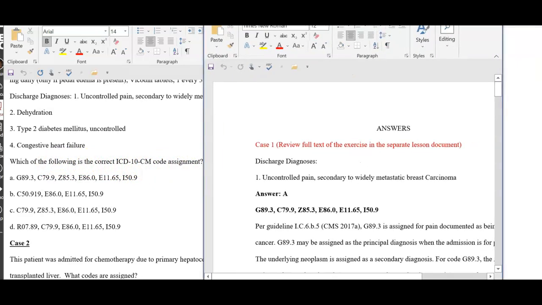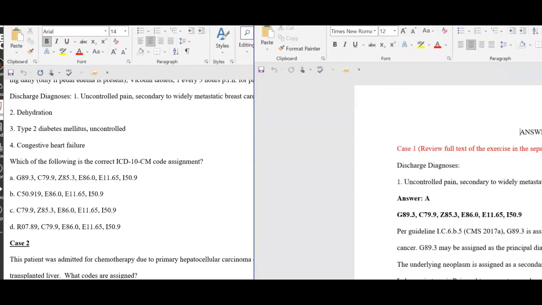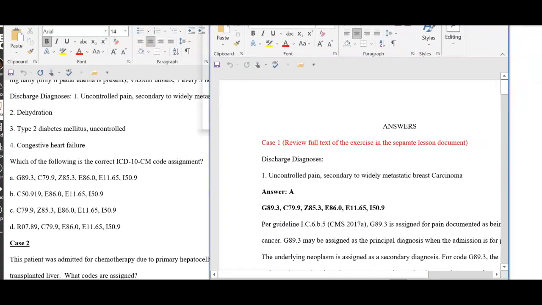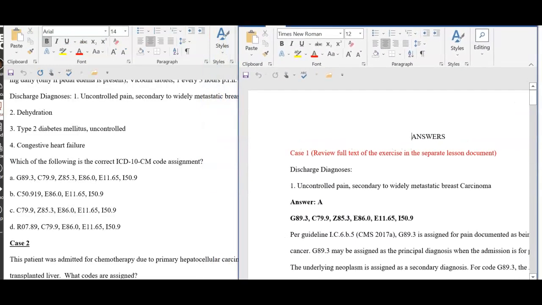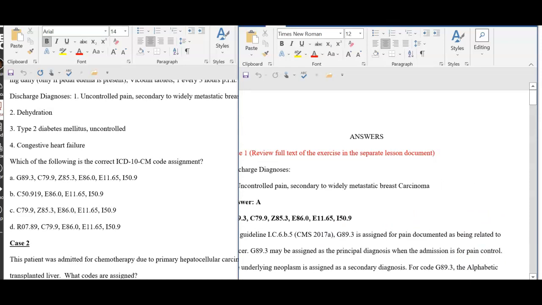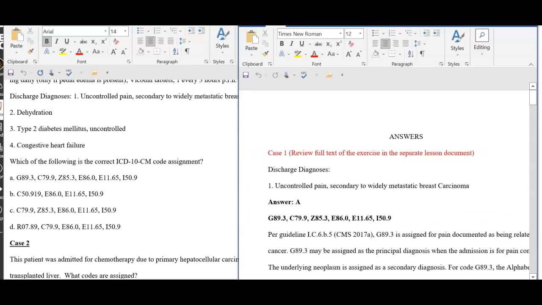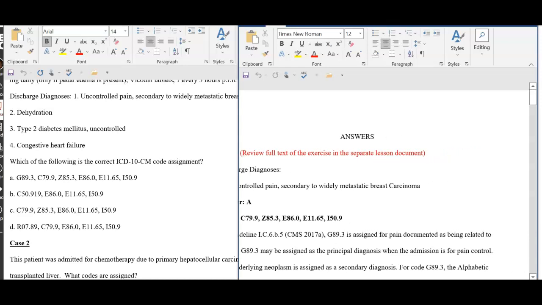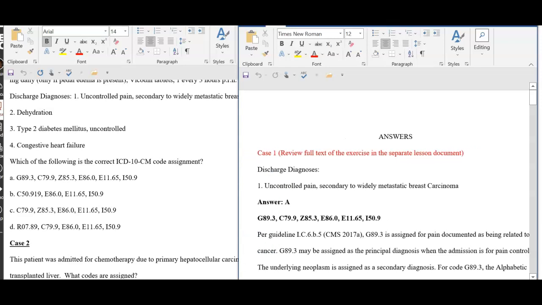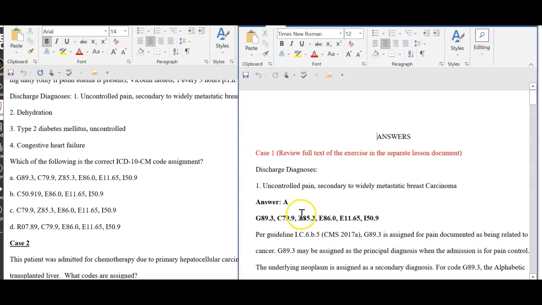Okay, so with this, we want to make sure that our G89.3, which is for pain, is documented as being related to the cancer. It can be assigned as principal diagnosis when the admission is for pain control. And that is what's going on here. So we want to make sure that it's our principal diagnosis.